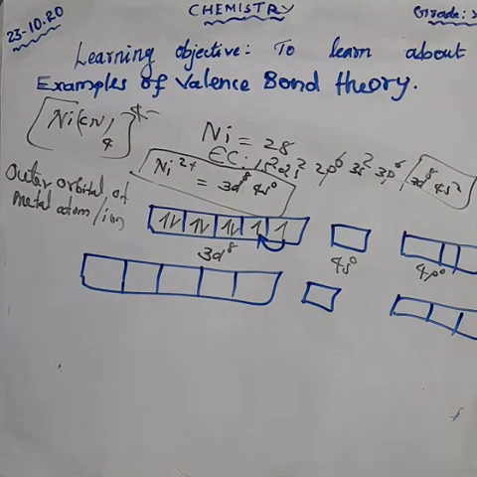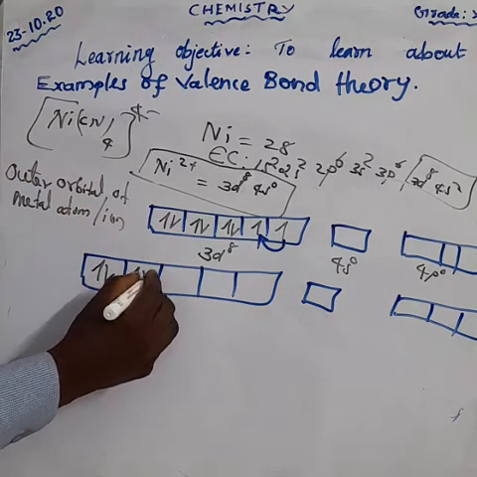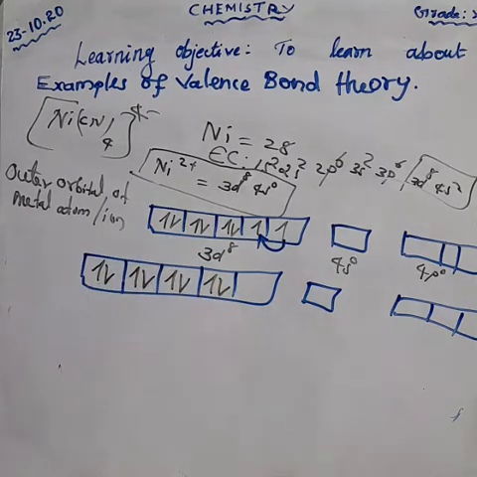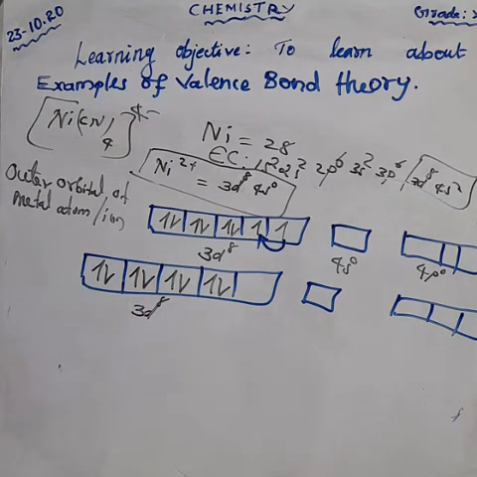Okay, here these electrons will be paired: 1, 2, 3, 4, 5, 6, 7, 8. This is the vacant orbital of 3d. Am I right? It's a vacant orbital.